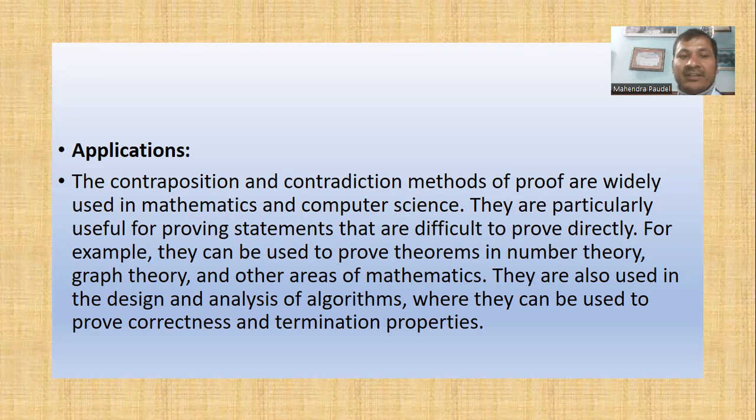For example, they can be used to prove theorems in number theory, graph theory, and other areas of mathematics. They are also used in the design and analysis of algorithms, where they can be used to prove correctness and termination properties.